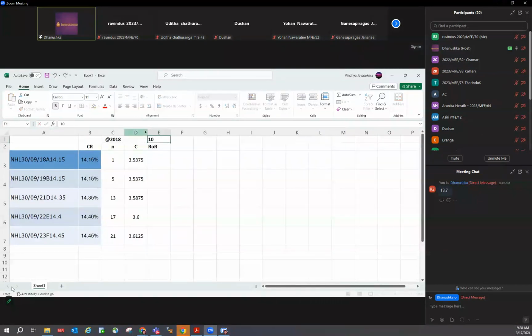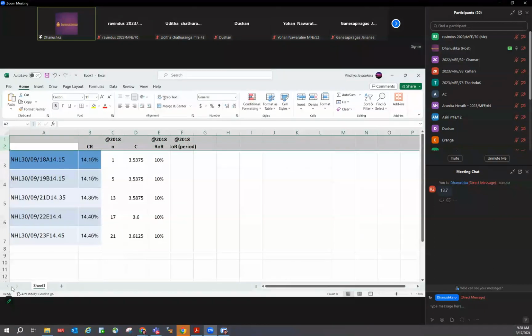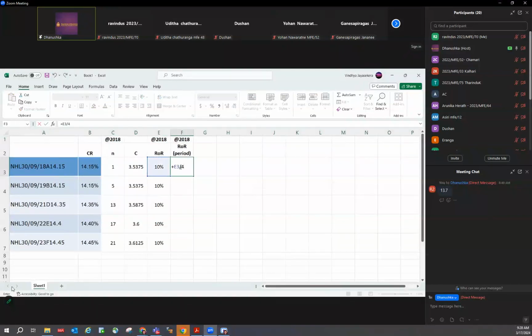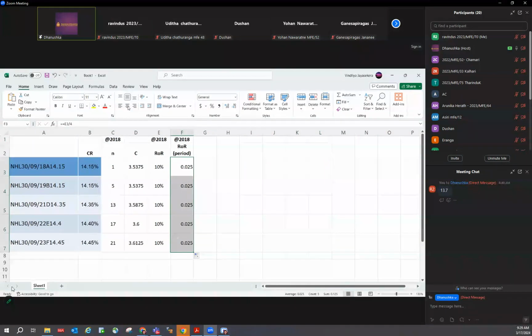Required rate of return in 2018 is 10%. Only thing is, required rate of return for the period is this divided by 4. So that's my required rate of return.